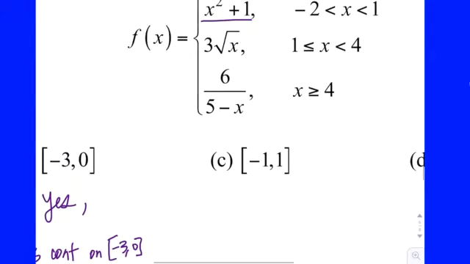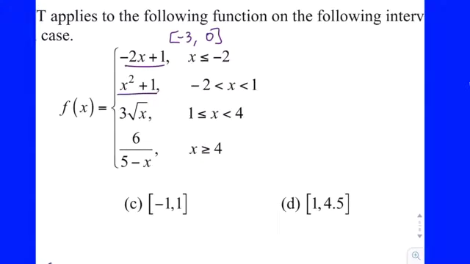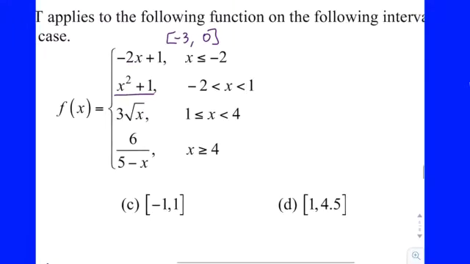All right, -1 to 1. Which pieces are we using for that? Very good. Most of the second and just one piece of the third, namely the right endpoint. And so if we're starting at -1, we're starting on the interior of a parabola. So the left endpoint should be good, correct? I need to then move all the way to 1, so I really just need to check the right endpoint.